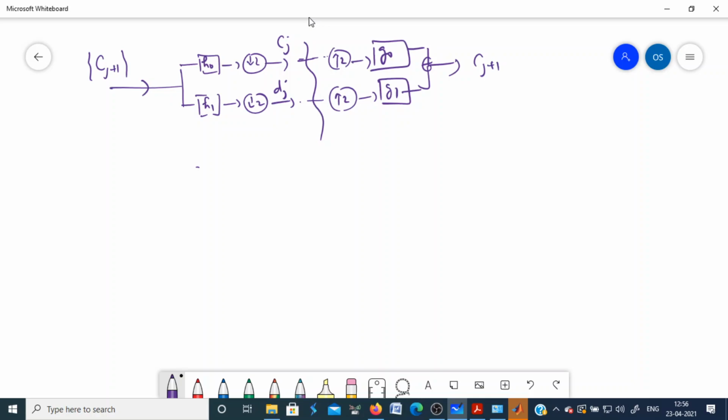Okay, and moreover, when you design the filter banks, this is basically called a two-channel QMF, quadrature mirror filter bank. So this is the analysis part, and this is the synthesis part.